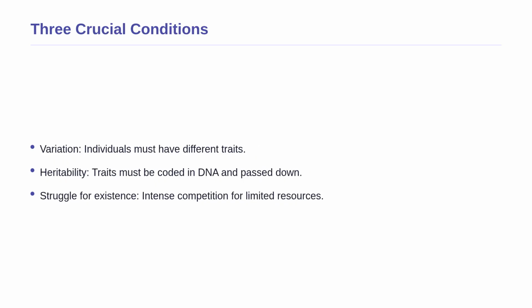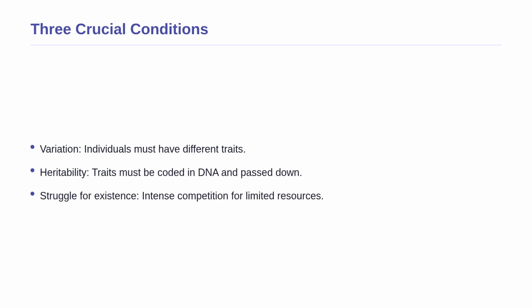This formal definition leads us to an important question. What exactly does it take for this process to happen? For natural selection to occur, three crucial conditions must be met within a population. First, there must be variation. Individuals need to have different traits, like various fur colors or beak sizes.